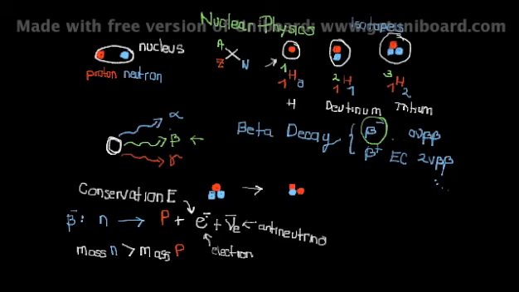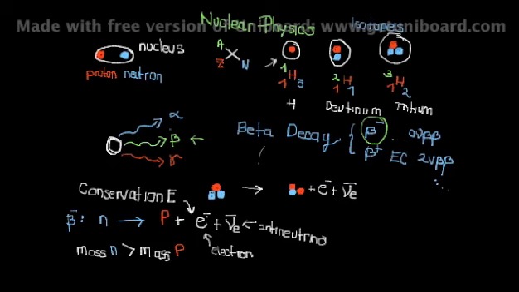When inside one nucleus, one neutron transforms to one proton and emits one electron plus one antineutrino of the electron.